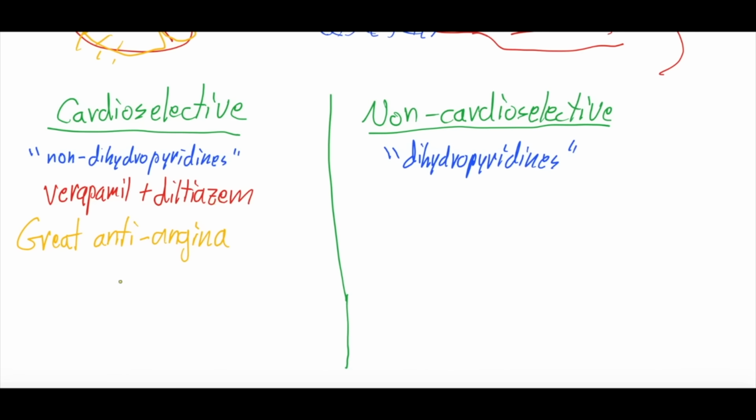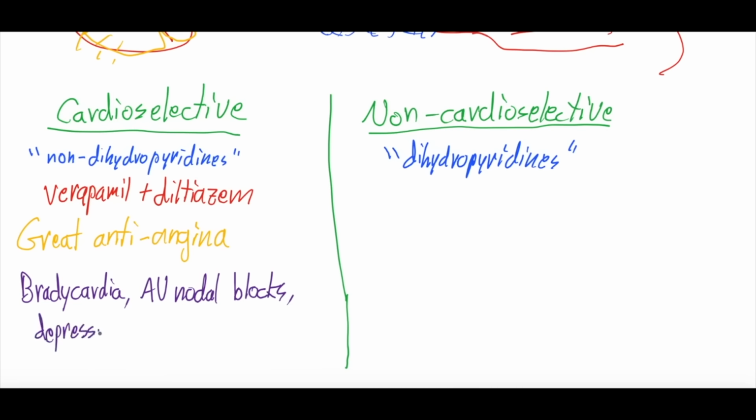But with that being said, they can cause, which makes sense, things like bradycardia, right? Because they slow the nodal tissue down. AV nodal blocks, right? By really inhibiting and slowing down those nodes, and depressed contractility of the heart, which can be really bad in someone with, let's say, decompensated heart failure. So you need to be really careful because they have a tough adverse effect profile that you need to monitor for.